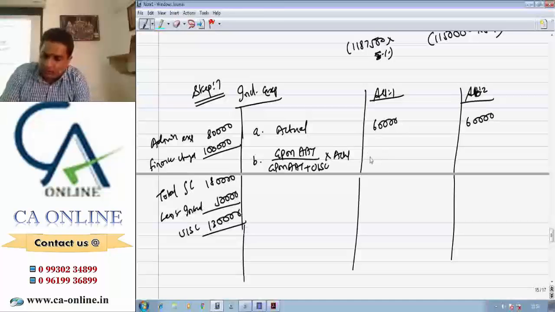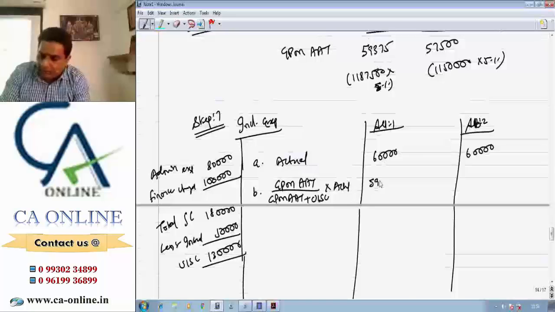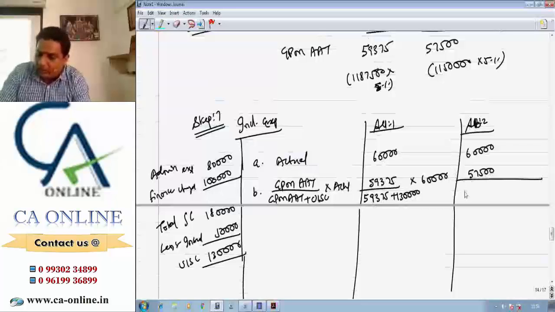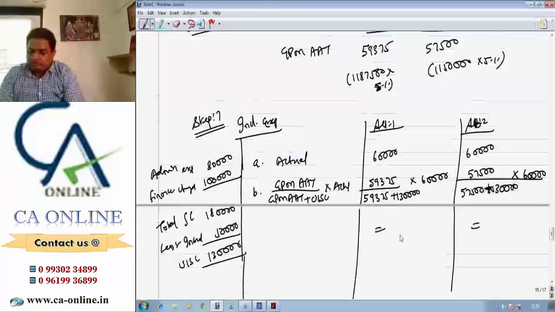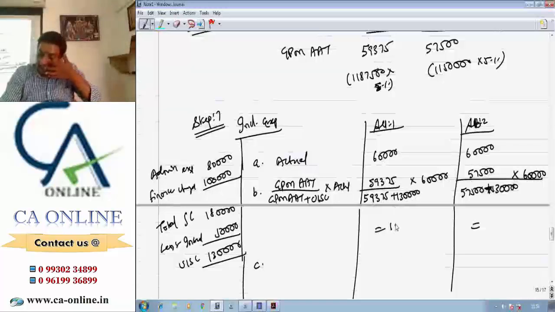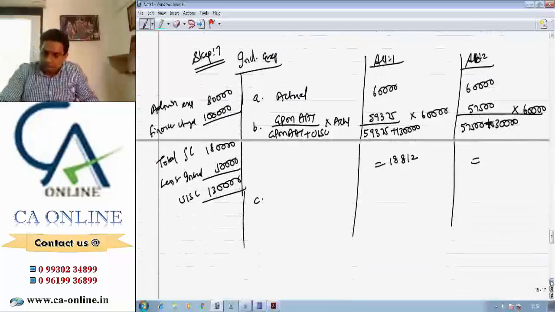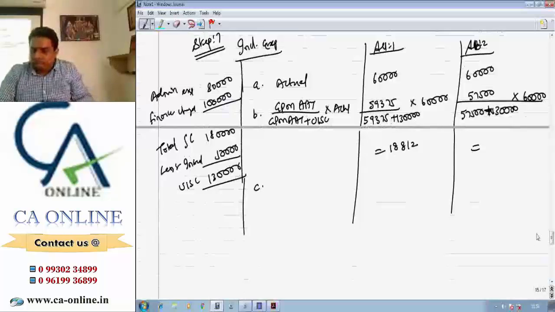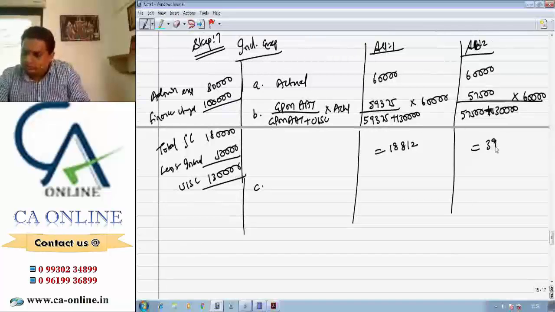Now if you apply in this problem, 59,375 divided by 59,375 plus 1,30,000 into 60,000, or 57,500 divided by 57,500 plus 1,30,000 into 60,000. 18,812. 39,429.